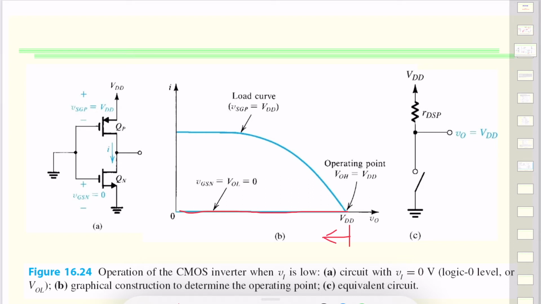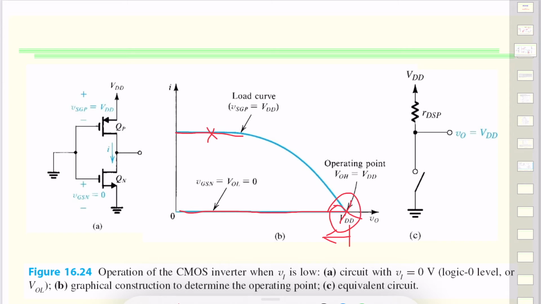So we see that it intersects at this point, and that point is when the source to gate voltage is the starting input, which is supposed to be high. And that goes all the way up to the power supply. So this is the intersecting point.